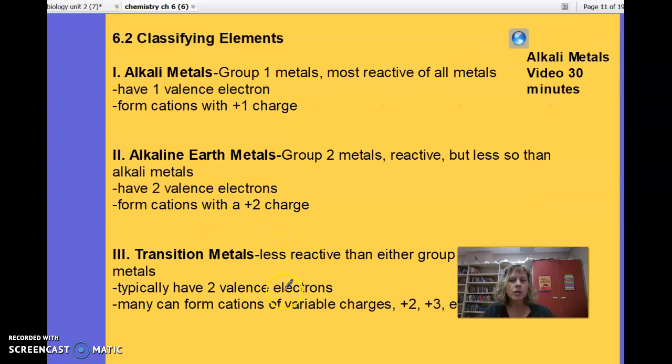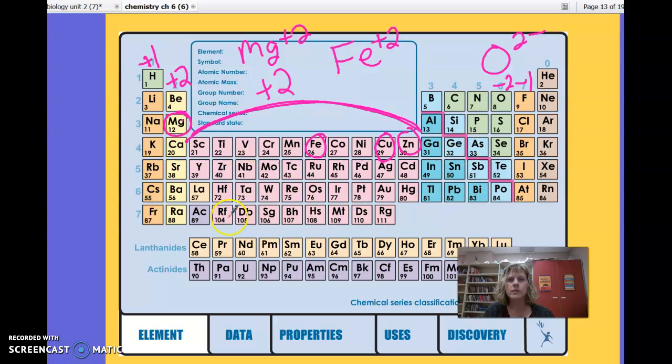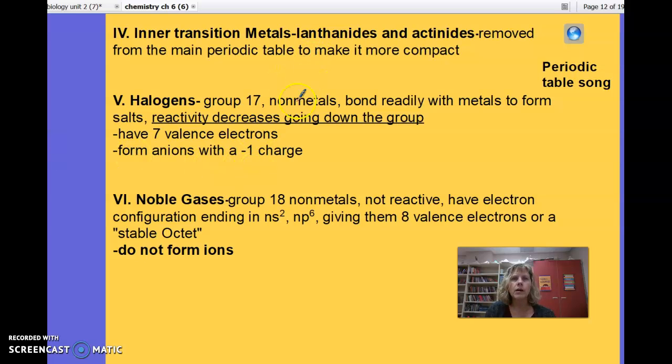We talked about transition metals, which is that center part of the periodic table. But we pulled those lanthanides and actinides and put them on the bottom. So we've yanked those out.